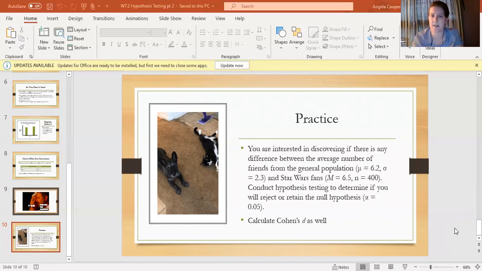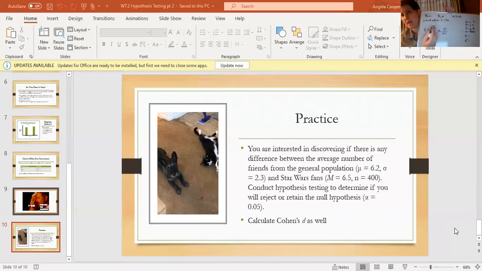Conduct hypothesis testing to determine if you reject or retain the null hypothesis with alpha set at 0.05. Calculate Cohen's d as well. So first off, we have 0.05 as alpha.